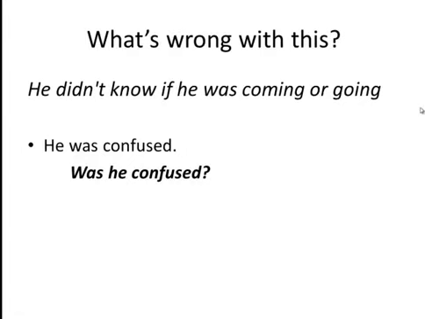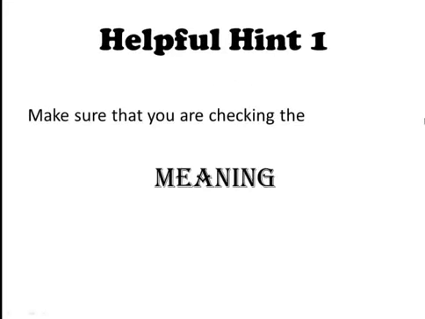And the answer's yes. Okay, so you have to be careful here. The one helpful hint number one is make sure that you're actually checking the correct meaning. Now this might sound obvious, but it's not always easy. And as I say, a learner dictionary will really help you here to give you a simple definition of things.